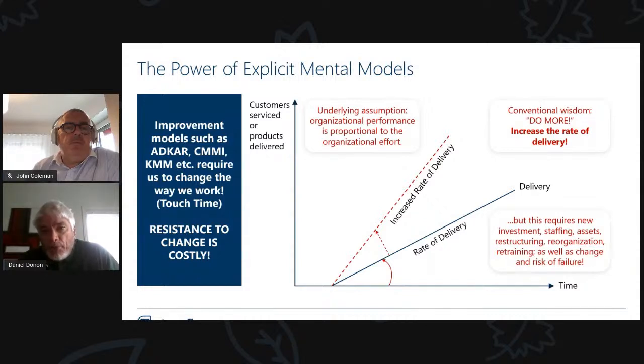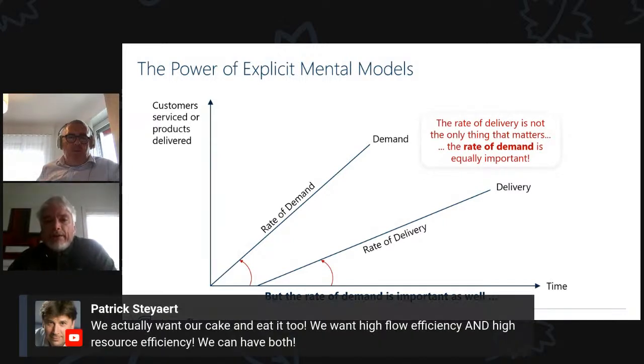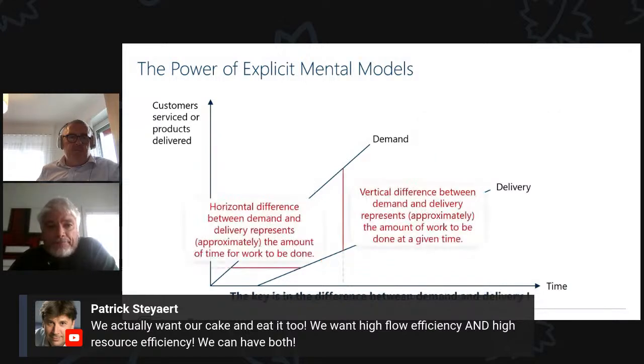Most of the agile approaches act this way as well. But there is also the rate of demand, which comes into the equation with your delivery rate. When you improve delivery and your capacity, you want to meet demand, but you don't want to exceed it and end up with overcapacity, which is a sin in and of itself.